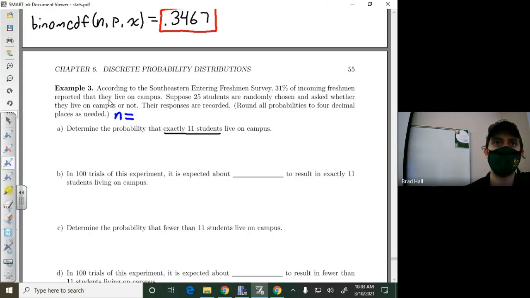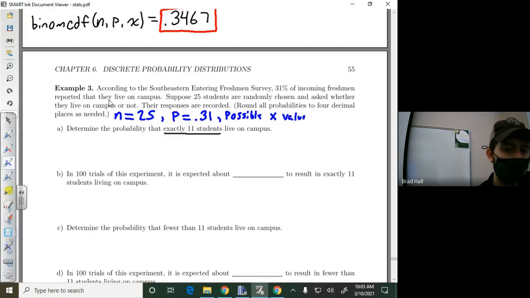What's the number of trials here? That's 25, so that's pretty straightforward. The probability is 31%, so we can go ahead and convert that to 0.31. And the possible values of x could be anywhere from 0, 1, 2, all the way up to 25.